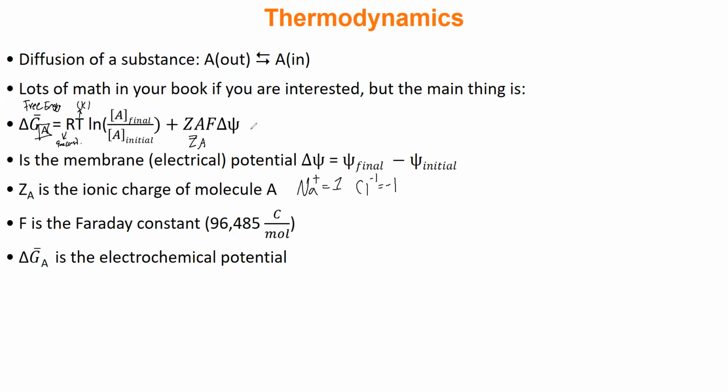And what this is, it's the electric potential of the membrane, right? This is the electrical component, because when you are moving charged molecules, they really care if you're moving them into negative or positive space.